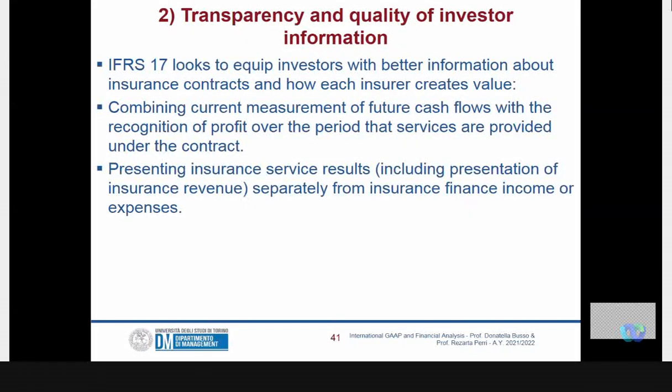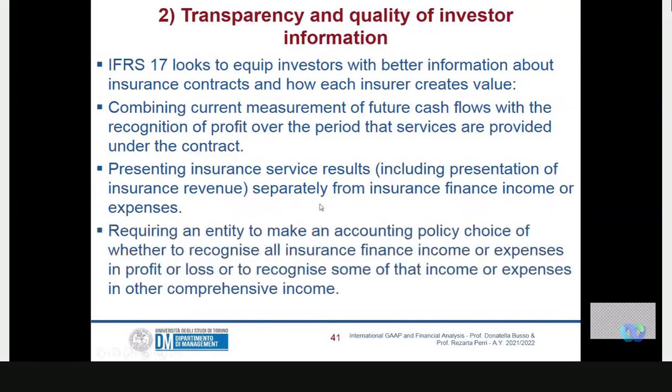You saw for yourself in the calculations that the expenditure related to the offering of services was recognized in a different item from the income or expenses related to the finance component of administering a contract, requiring, on the other hand, an entity to make an accounting policy choice of whether to recognize all insurance finance income or expenses in profit or loss or in other comprehensive income.